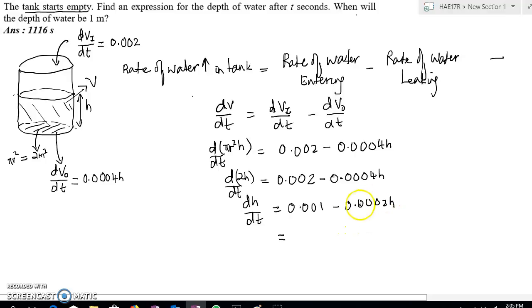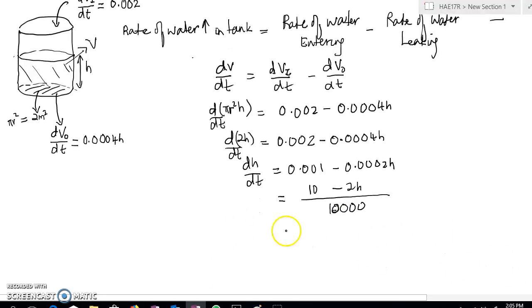Over here, this is over 10,000, so we change this to over 10,000. So basically the denominator combined together will be 10,000. So this one becomes 10. 10 over 10,000 is 0.001. And this one becomes 2h.